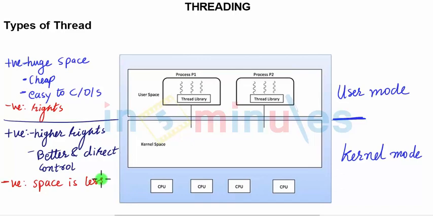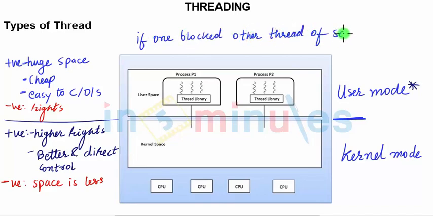Now, when we work with this kind of stuff, we also have an issue coming in. Then why two modes, and what is the issue? Let's try to understand. The biggest issue right now, especially when it comes to user mode, is that if one thread is blocked, other threads of the same process, I repeat, of the same process, will be blocked.